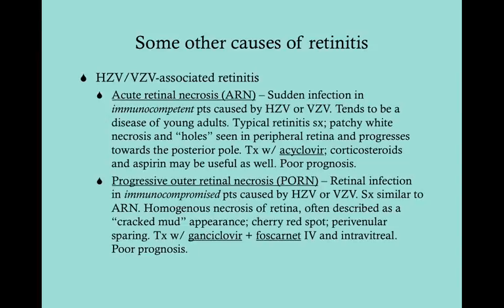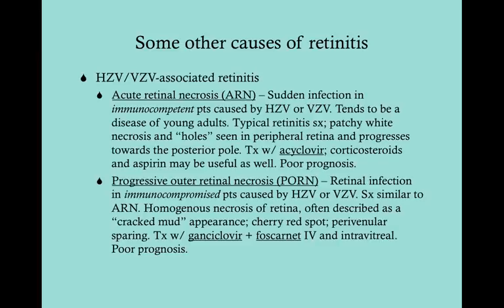And that stands in contrast to the CMV retinitis that, remember, I mentioned earlier that we were going to get to, where the CMV retinitis kind of goes right through those arteries and veins. It doesn't spare along there. The progressive outer retinal necrosis has sparing along the veins.